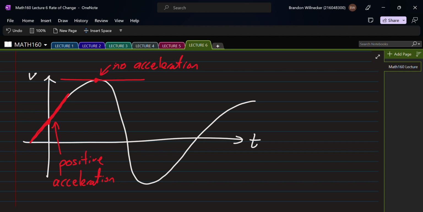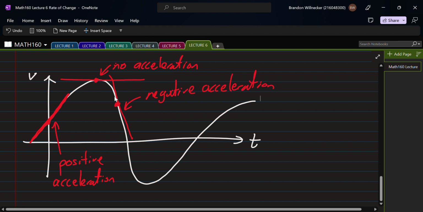Okay, so there's no acceleration at this point. So the velocity has reached a maximum, we're not going any faster, no acceleration, and then afterwards we see that the tangent lines are actually sloping down now. So here we have negative acceleration. Okay, so negative acceleration, we are now slowing down.